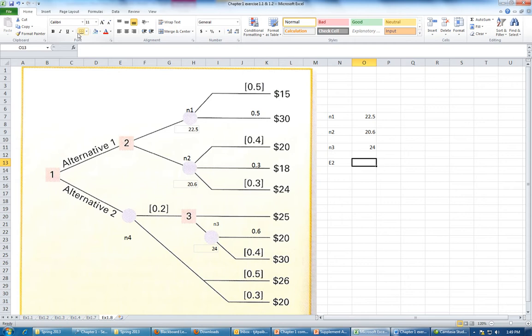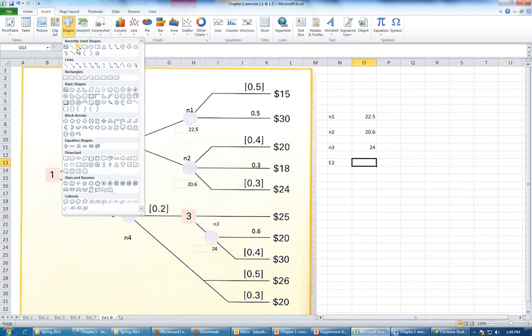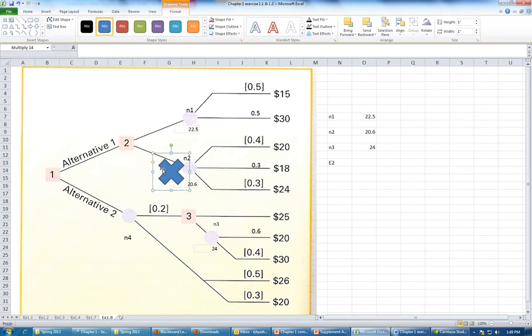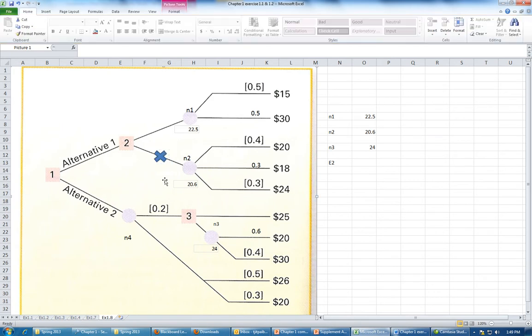So we're going to cut, we're going to get rid of the payoff on number 2, because payoff number 2 is smaller.